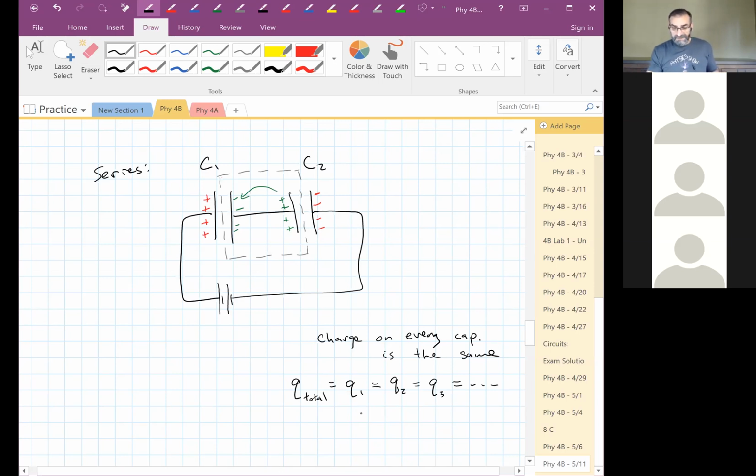So it depends on the smaller capacitor. Which one limits you here? We'll have to think about that.